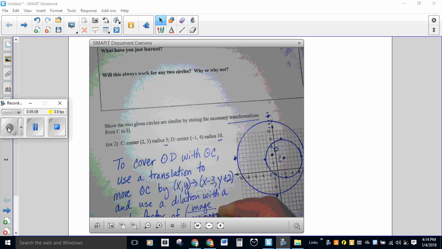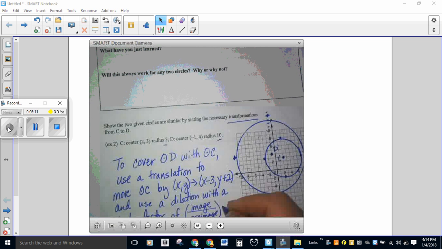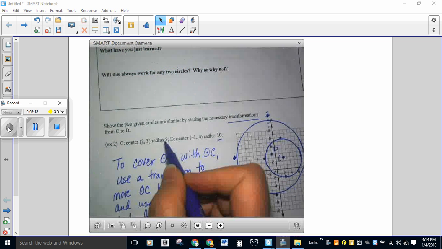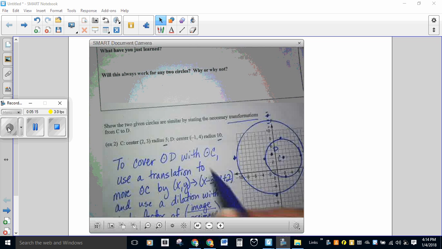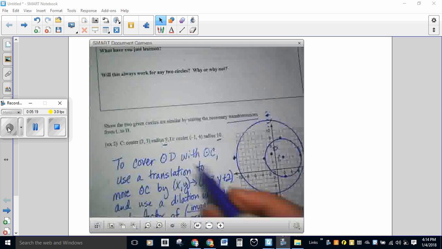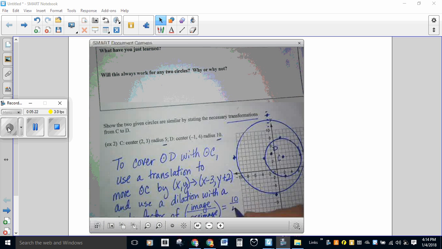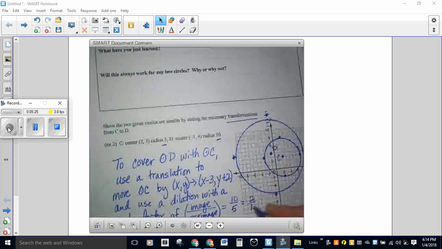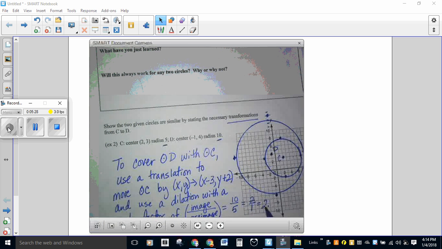So in this case, our image, where we're going to end up, is a radius of 10, and our pre-image, where we started from, is 5, but we can reduce that to 2 over 1, which is 2. And if you say 2 times 5, you get 10. So the bigger circle is twice as big as the smaller circle.